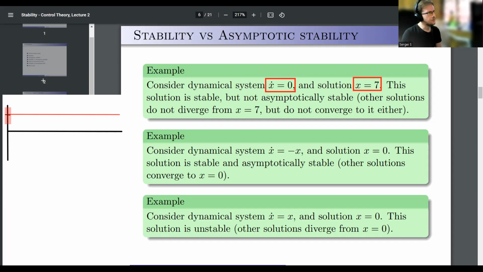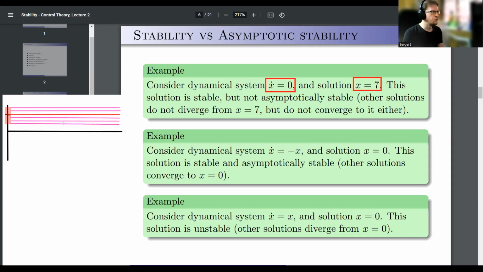Essentially, we want to check that all solutions that start in this region are contained in some epsilon region. How do those solutions behave? They just go straight, because x dot equals 0. All solutions to this equation are horizontal lines. They do not change. You start with the initial conditions and just continue.